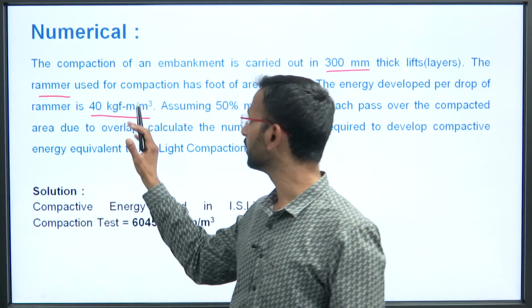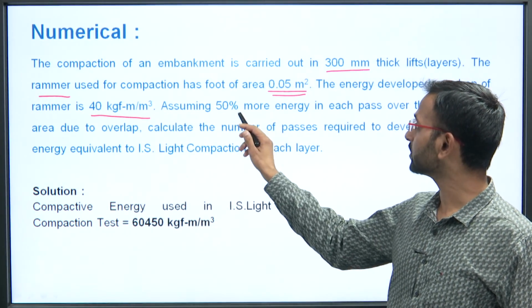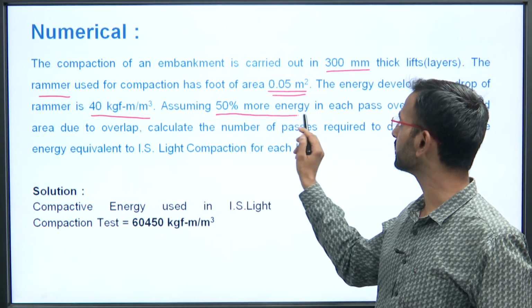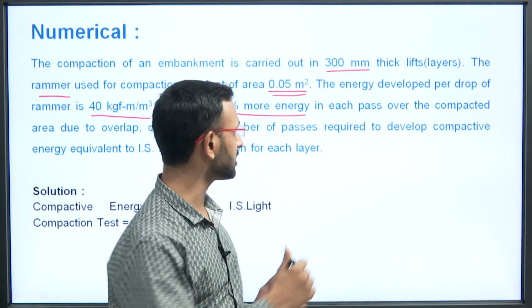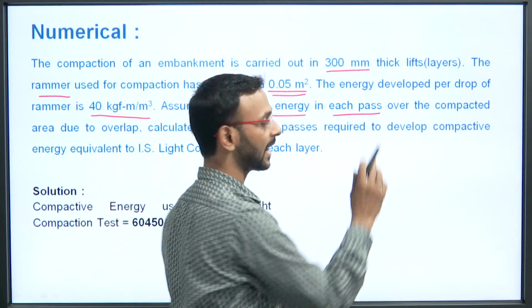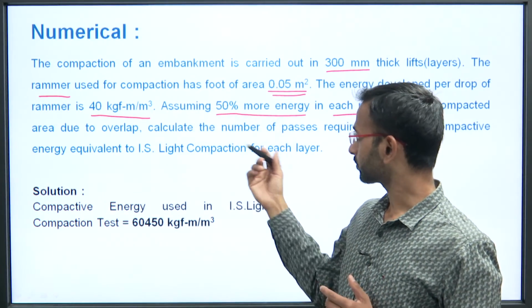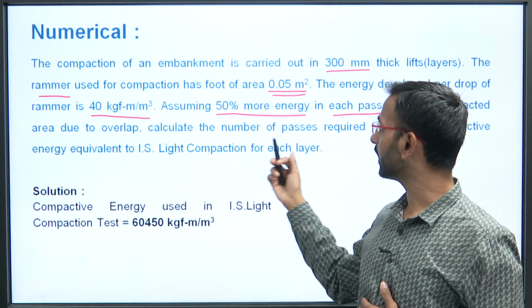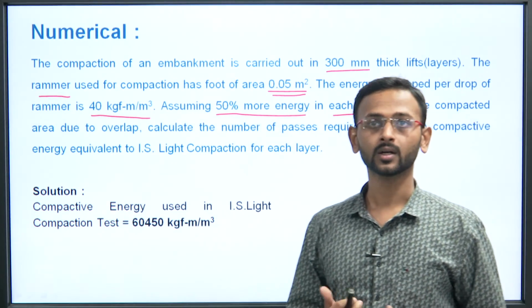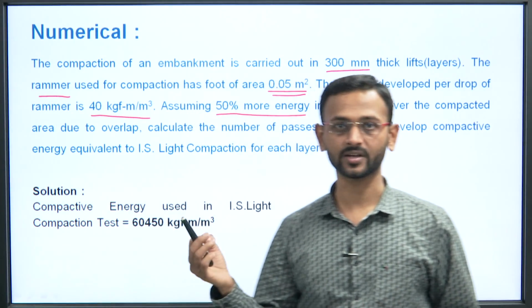Now assuming 50% more energy in each pass over the compacted area due to overlap, see this, this is important here. I will tell you with a diagram. Now calculate the number of passes required to develop the compactive energy equivalent to the IS light compaction test for each layer.